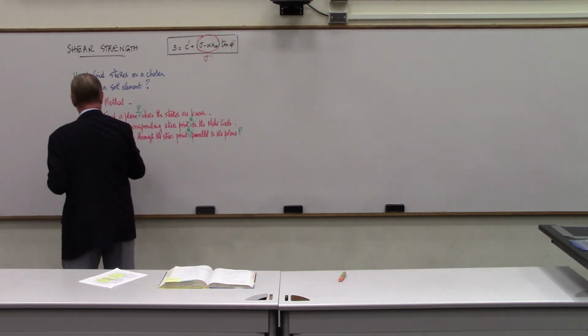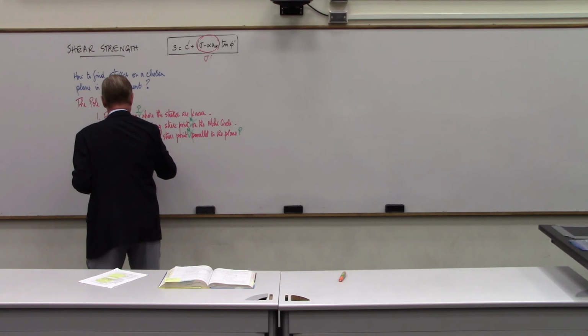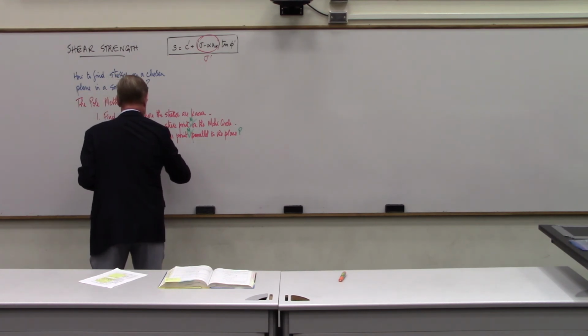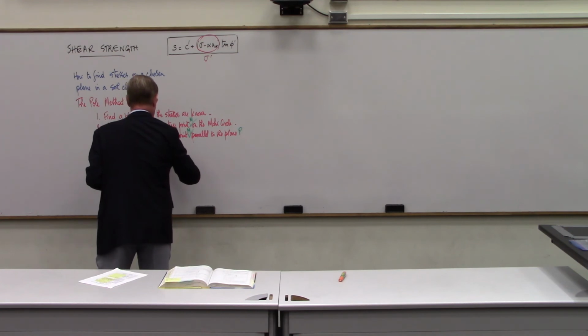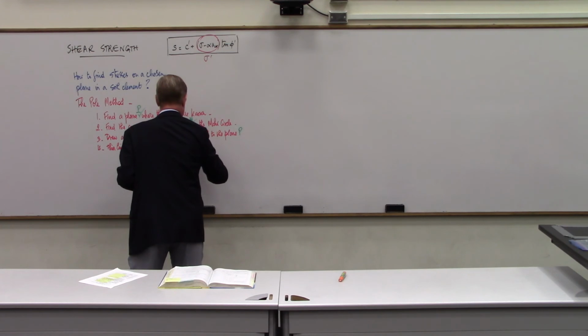This line intersects the Mohr circle in 2 points.